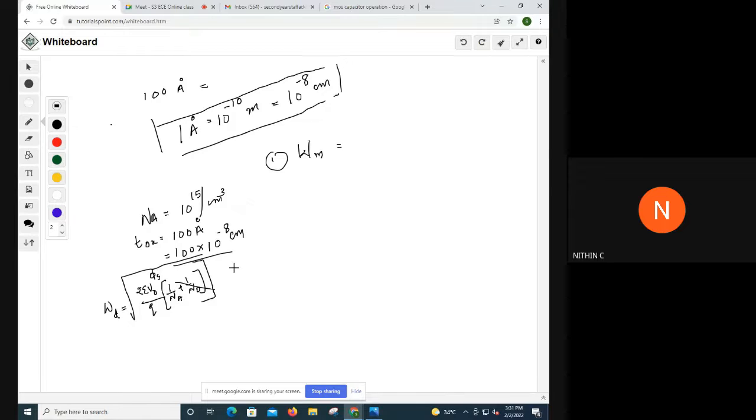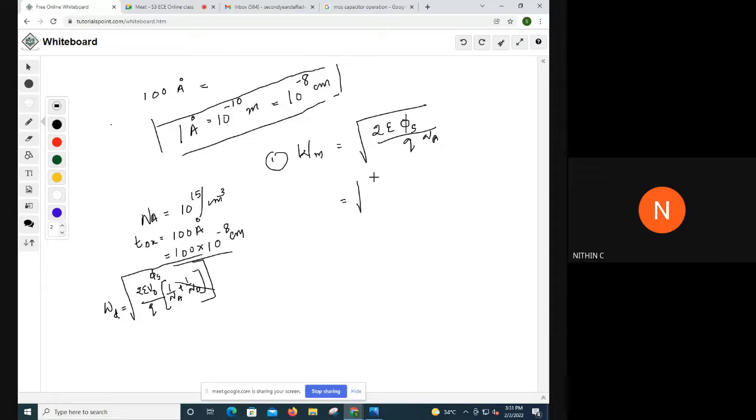So our expression will become root of 2 epsilon, remember it's epsilon, V0 you write phi s, divided by Q, and the remaining thing is Na. Okay, this is the expression for depletion layer width in the case of a MOS system.